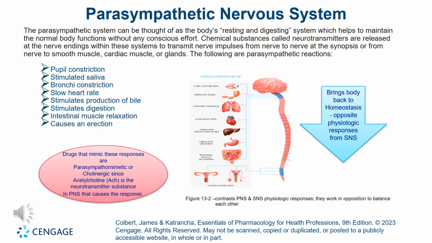As you can see, this also brings the body back to homeostasis, which is opposite physiologic responses from the sympathetic nervous system. Drugs that are used to mimic these responses are your parasympathomimetic or cholinergic, since acetylcholine is the neurotransmitter substance in the peripheral system that causes the response.